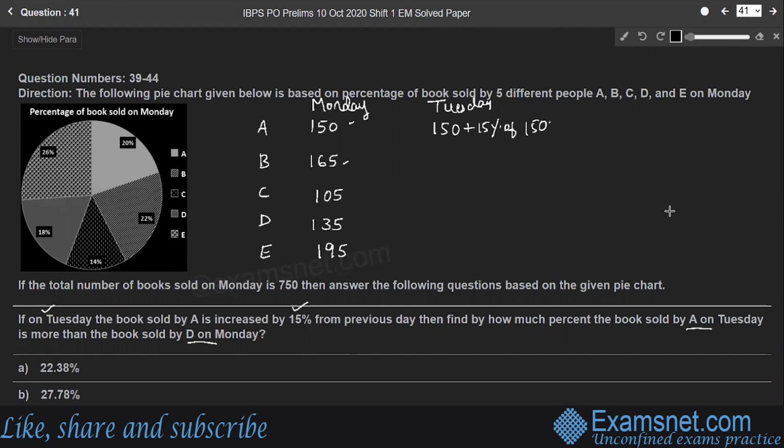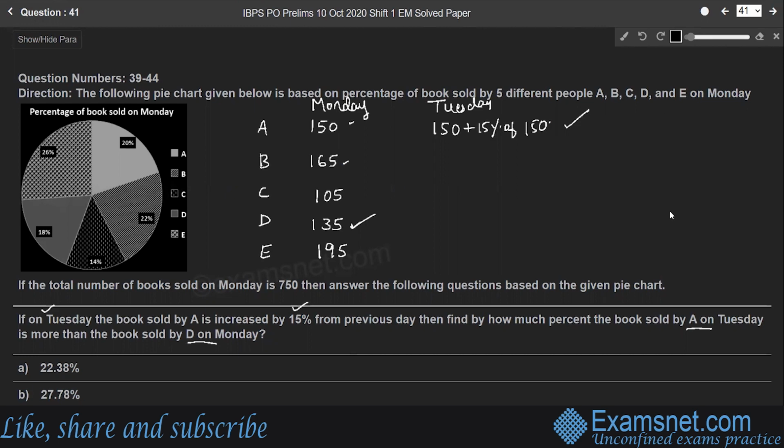Then find how much percent the book sold by A on Tuesday is more than the book sold by D on Monday. So this value, book sold on Tuesday, is how much percent more than the value 135, which is books sold by D on Monday, right?